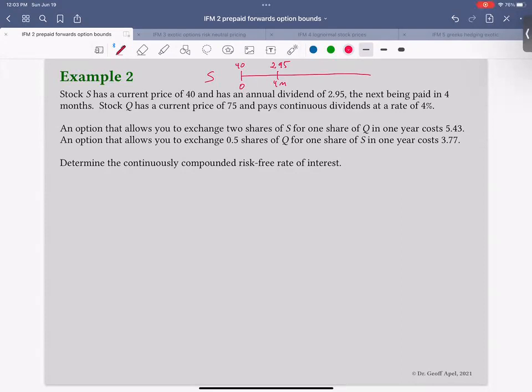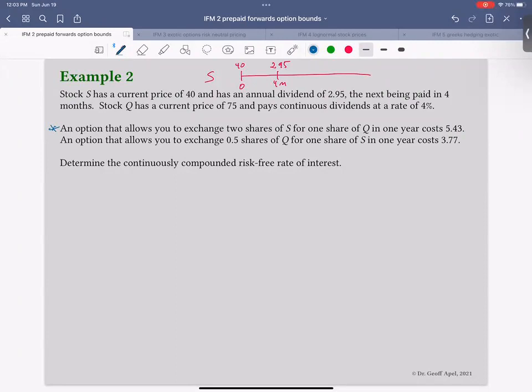Now, we just saw that by the put call duality, any call can be thought of as a put, and any put can be thought of as a call. So we have to pick one for this situation, exchanging 2 shares of this for 1 share of that. We just need to know which one that is for me, a call or a put.